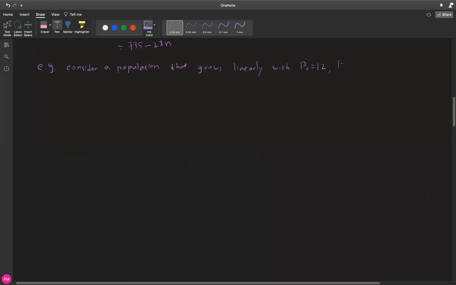And you're also given the 11th term in the sequence as 56. So instead of the formula, you're now given two terms that are not consecutive in the sequence.